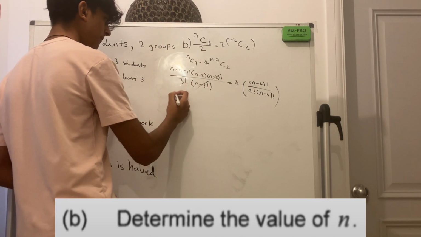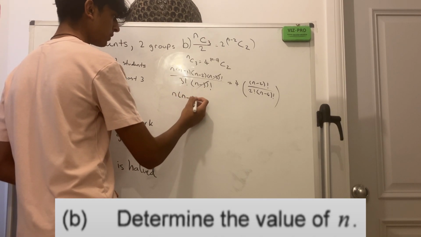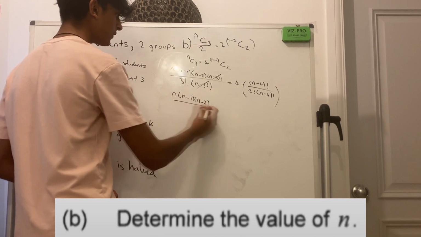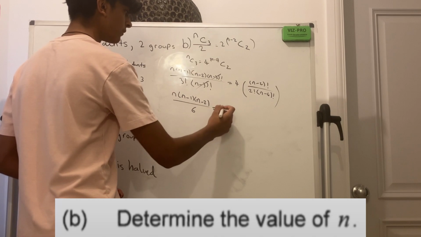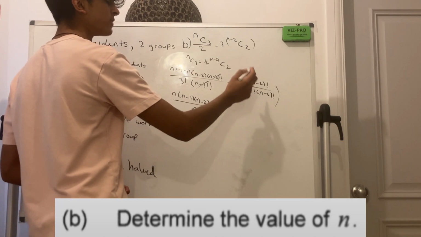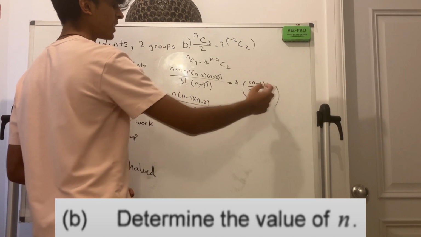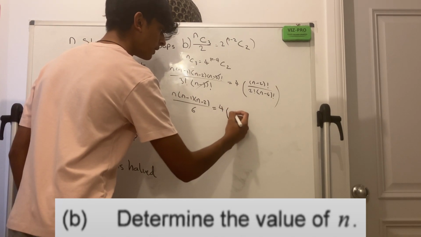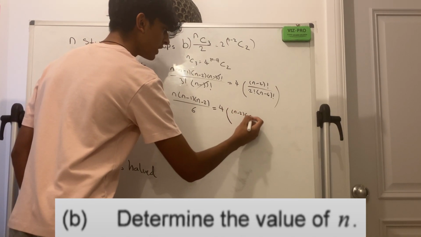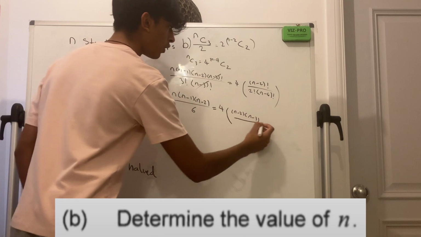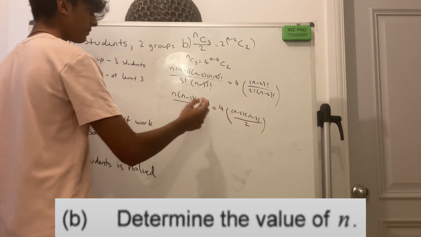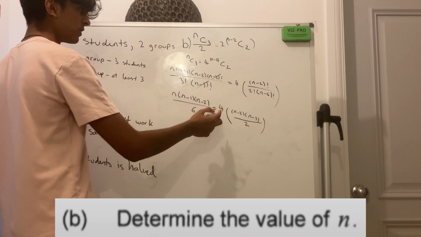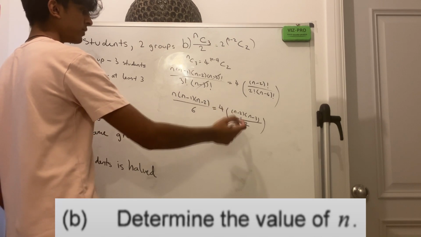So I can say that n times n minus 1 times n minus 2 over 6 is equal to 4 times n minus 2 times n minus 3 times n minus 4 factorial over 2 times n minus 4 factorial. They cancel out. So that's equal to n minus 2 times n minus 3 over 2. Multiplying by 6, 24 over 2 is 12.